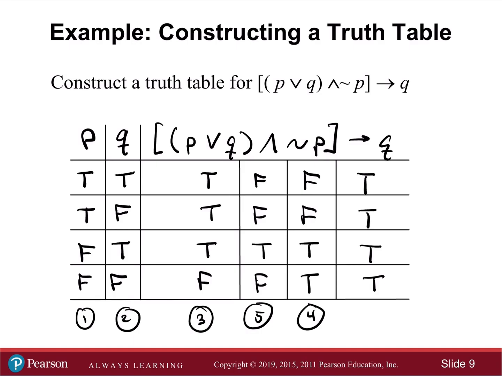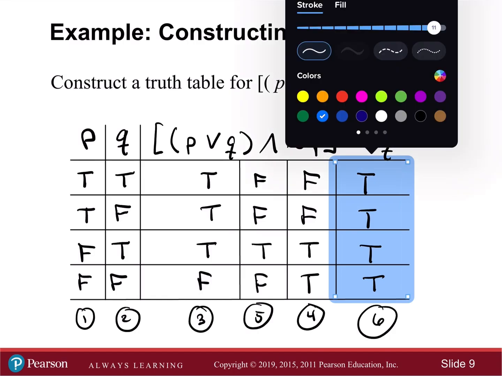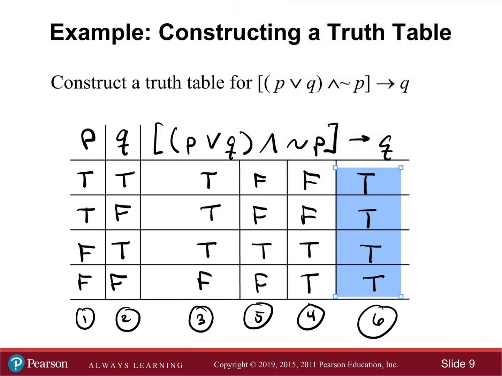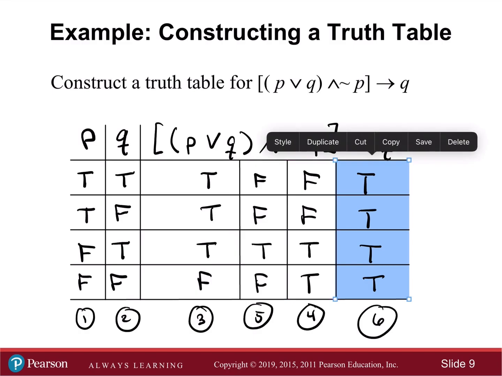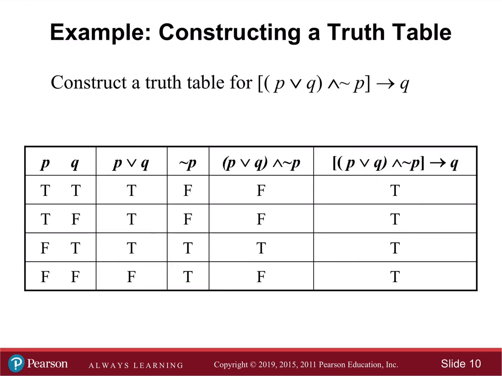So this is our first official case of what's called a tautology. It's a tautology because the final column has all true truth values. Okay, so we got all true in the final column, and you see it here.